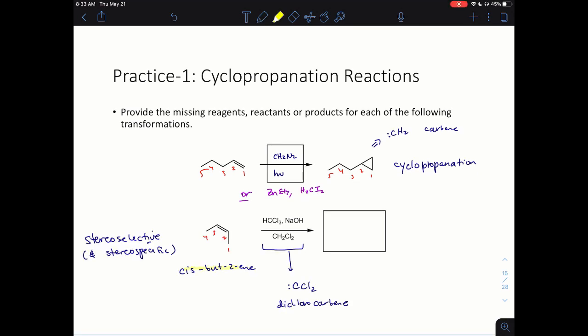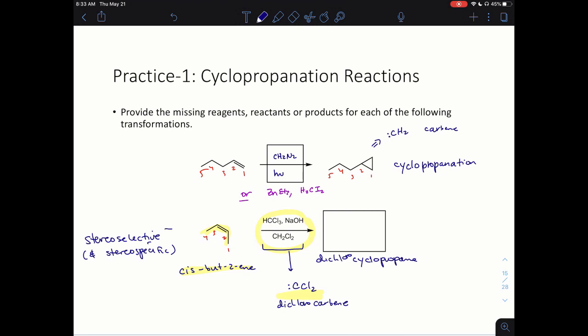In the next reaction, there's cis-2-butene, so there's some stereochemistry of our starting material, reacting under the conditions that form dichlorocarbene. So we know from the outset that this will form the cyclopropane ring, but because it's with dichlorocarbene, it'll form the dichlorocyclopropane.